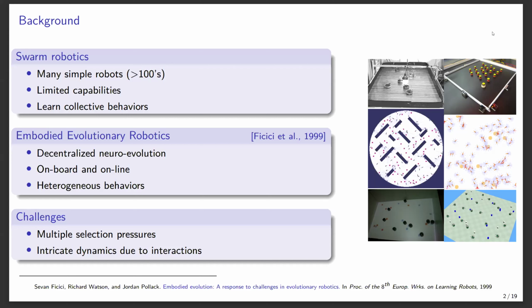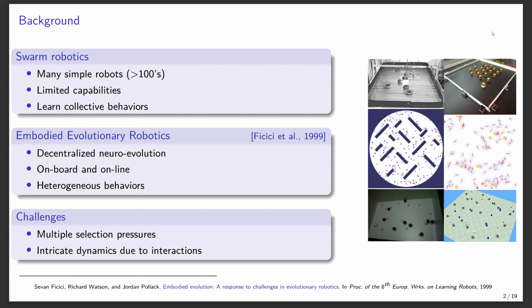It is on board, it is online, because the agents are executing their task while they're learning it. This is interesting because it enables different agents to have different behaviors.